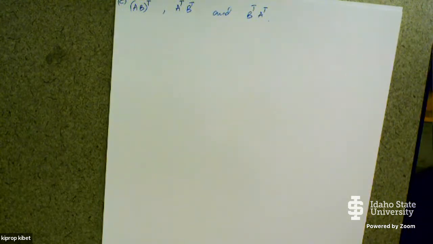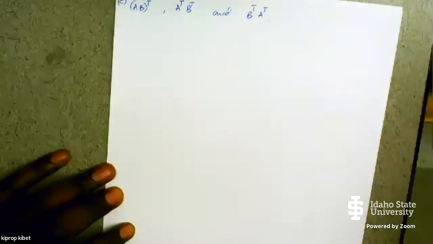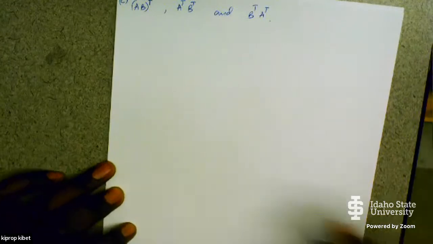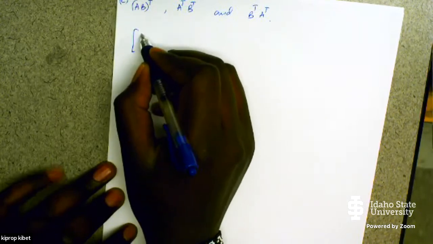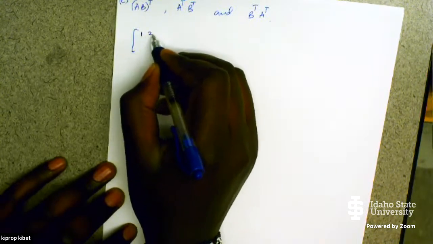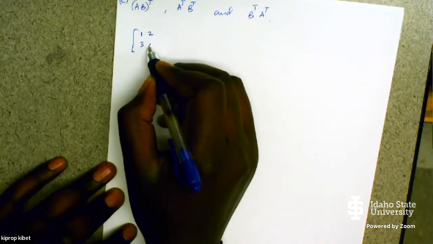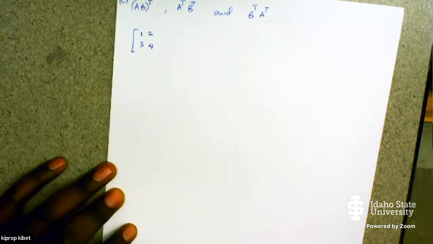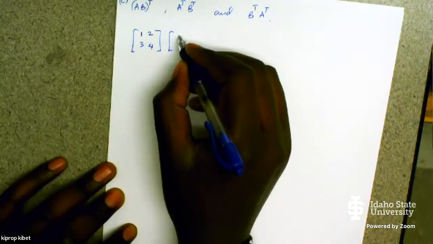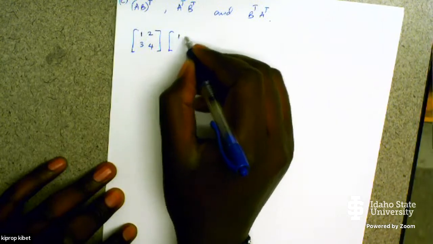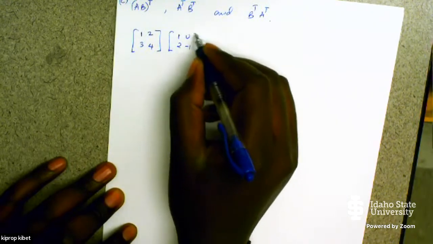Let's see which one of those are equal. So we have our A as [[1, 2], [3, 4]], and then we have our B as [[1, 0], [2, -1]].